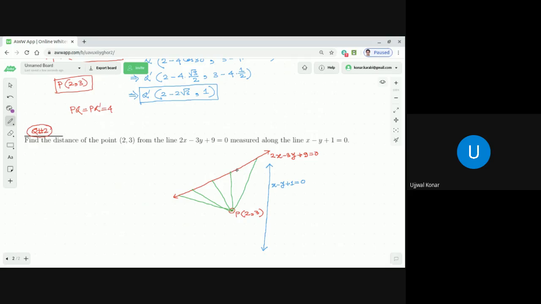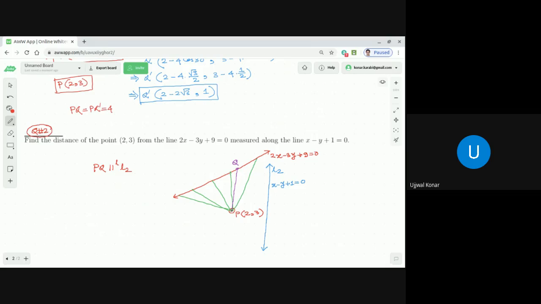That means if this is the point Q, we need to find PQ. Suppose we call this straight line L2, then PQ is parallel to the straight line L2.